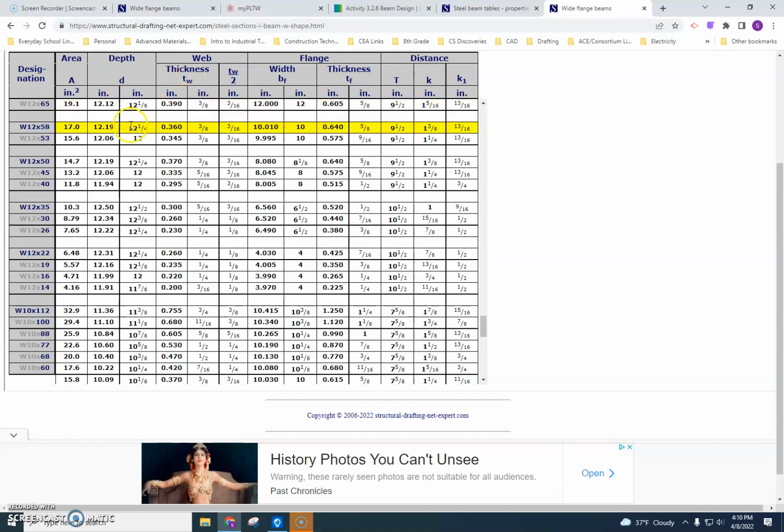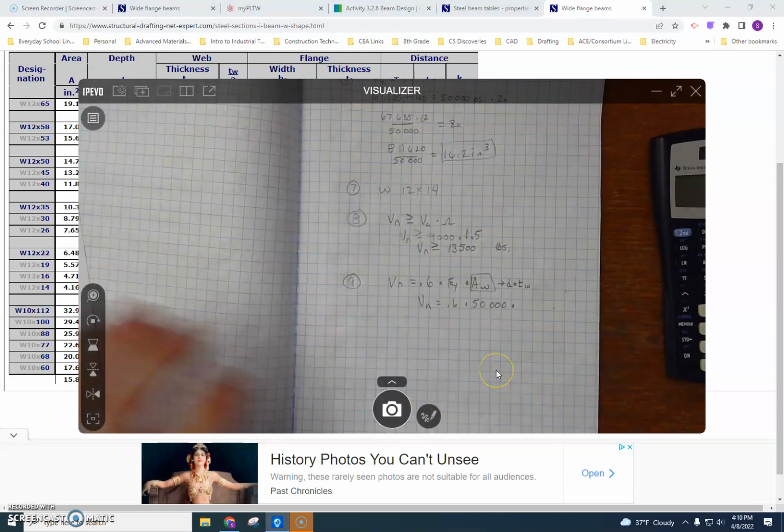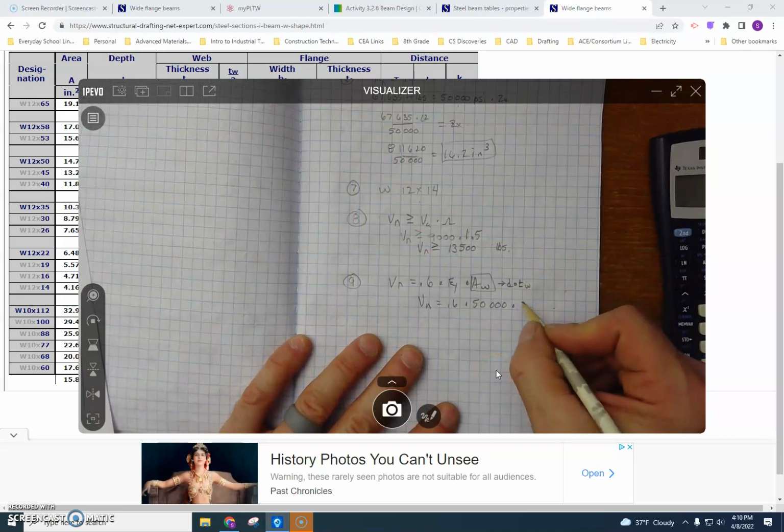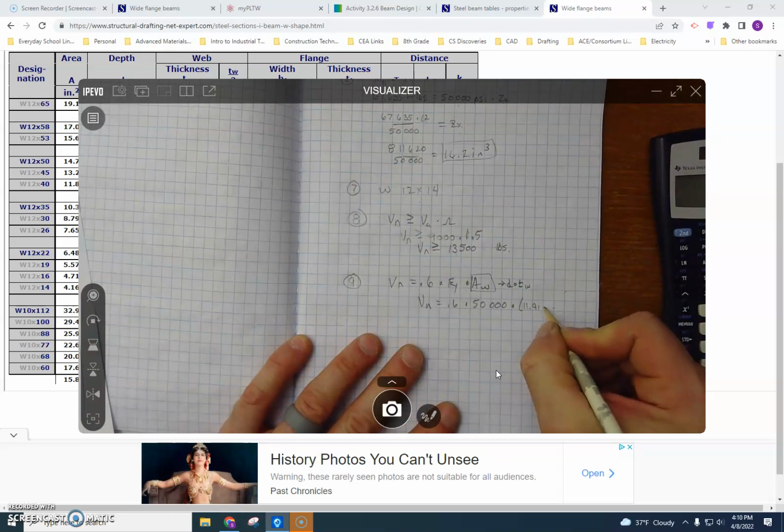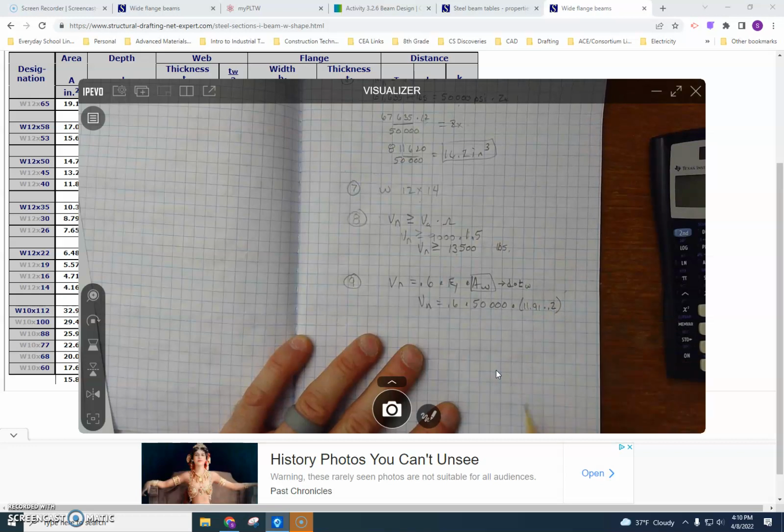And here's my thickness. I like using the decimals because if you use the fractions, in order to multiply them, you got to turn them to decimals anyway. So here we are. We're going to say 11.91 and 0.2. So if I come back to my formula here, it's going to be 11.91 times 0.2.